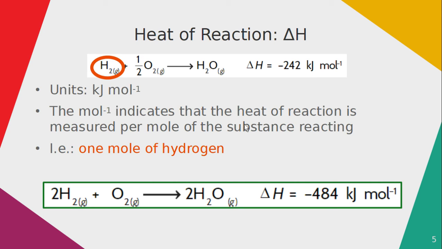In this case, we're not worried about that, because if we multiply this reaction by 2 to get rid of the fraction, we also have to multiply the delta H value by 2, because now this is 2 moles of hydrogen rather than 1. So we're doubling the amount of hydrogen, therefore we're doubling the amount of heat produced.